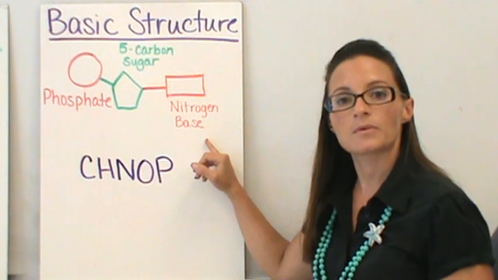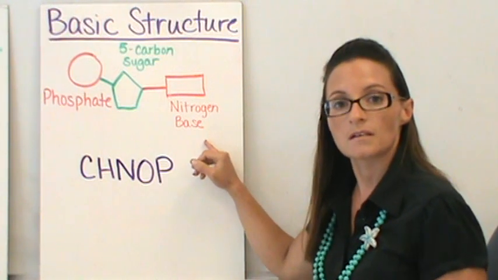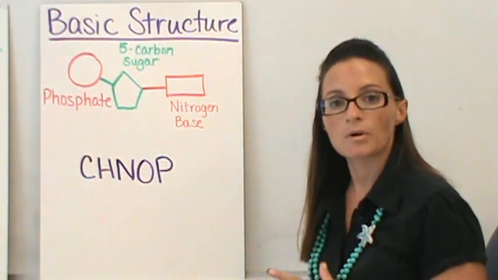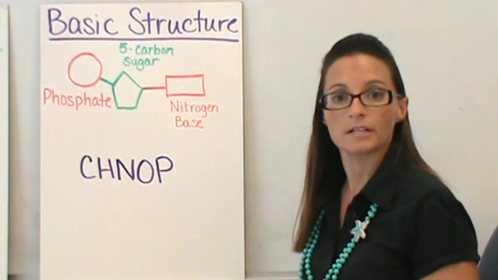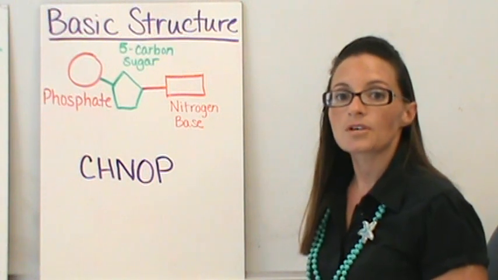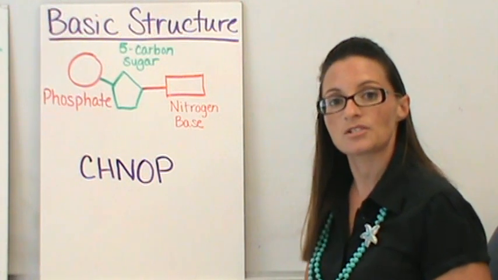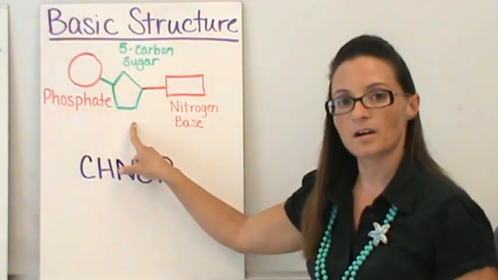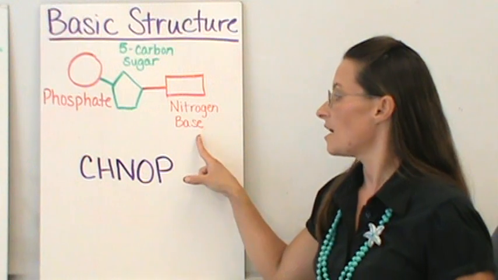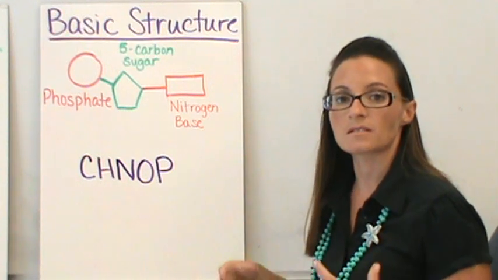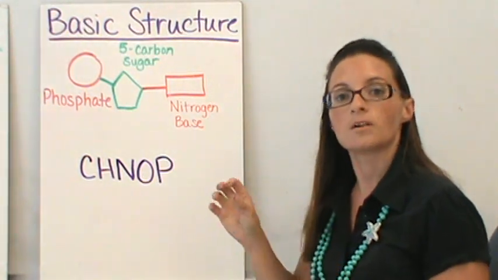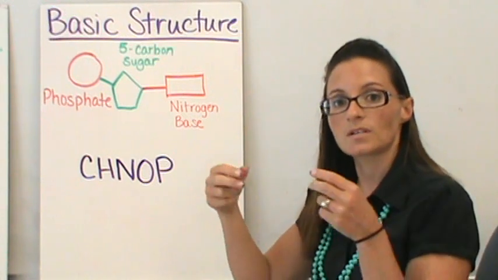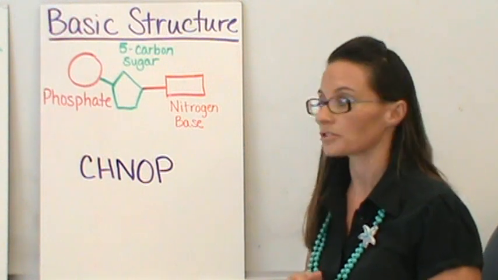And then finally we end up with something that's called a nitrogen base. There are 5 different nitrogen bases that we're going to talk about eventually, okay? And we're going to refer to them as either DNA, RNA, or both and what they're in. So the 3 parts to a nucleic acid are a phosphate group, a 5-carbon sugar, which you'll see as a pentagon usually, and then a nitrogen base, which you'll see sometimes as a square or a rectangle with a cutout or an indent on it, or a piece that comes out, so that they will actually fit together like puzzle pieces eventually.